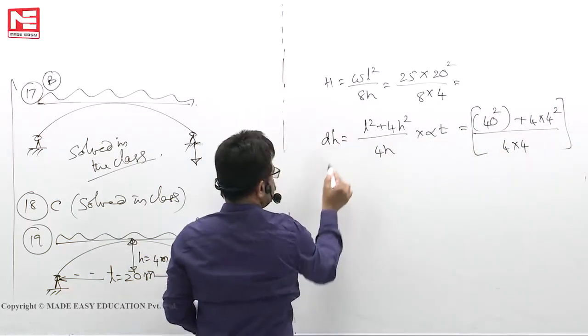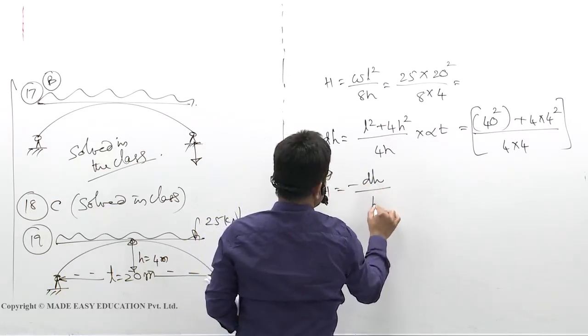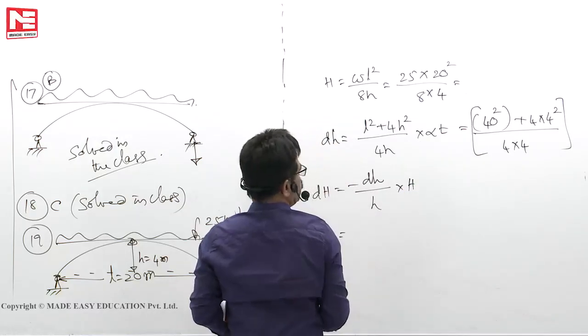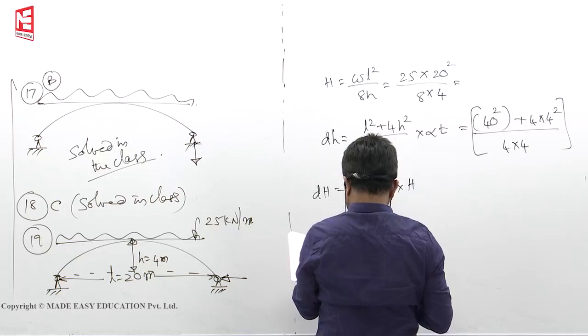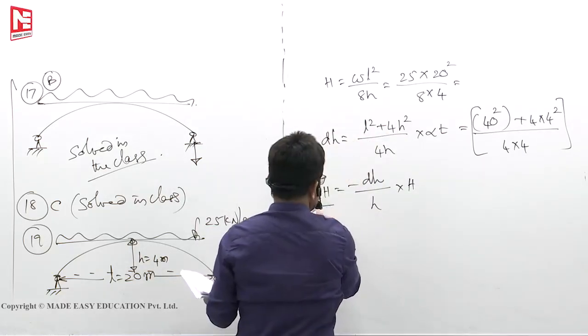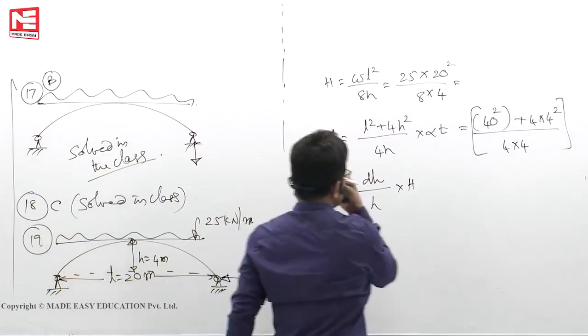Now, decrease in the horizontal thrust. Change in horizontal thrust is minus dH by h into capital H, minus because it is decreasing. He is asking you only the change in the horizontal thrust, simply dH. So minus dH.